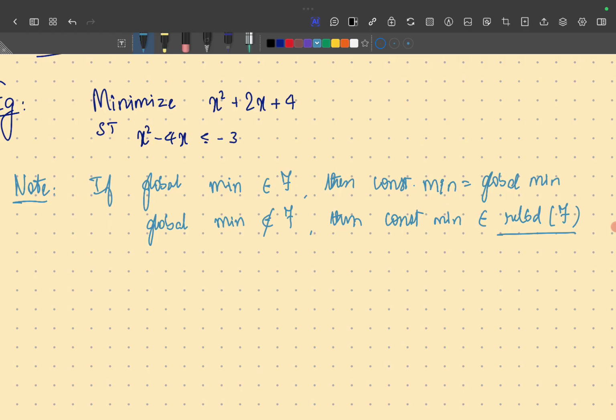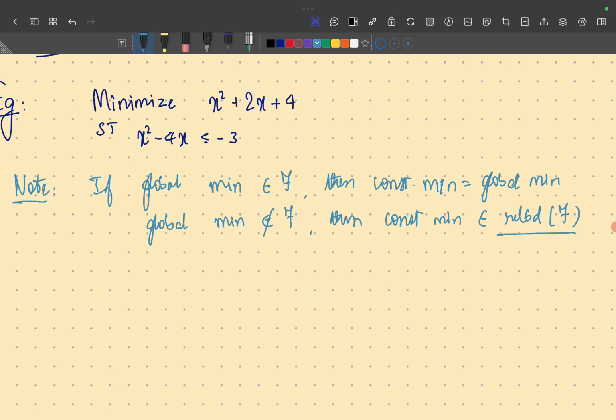If an interior point has to be even a local minimum, what should it satisfy? Gradient zero. It should satisfy the first order necessary condition, in which case the gradient should be equal to 0, right? And if it's a convex function and the gradient is equal to 0, then there's only one point where the gradient can be equal to 0, and that is at the global minimum.